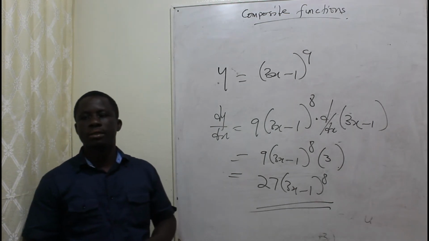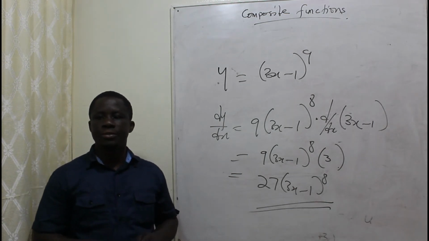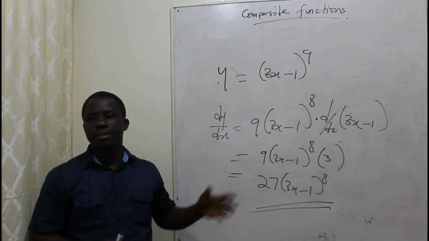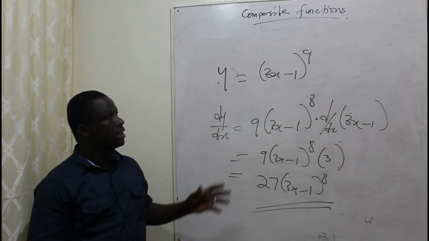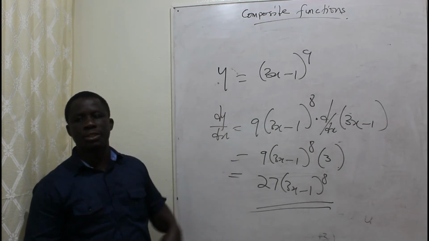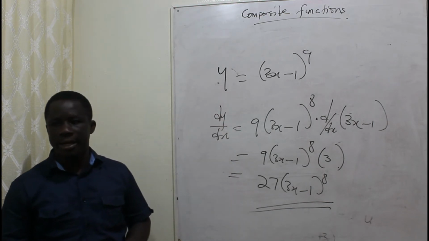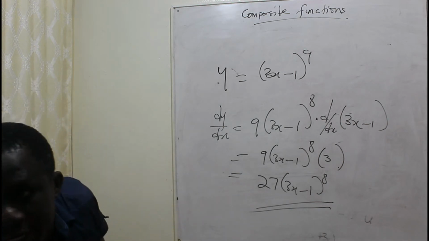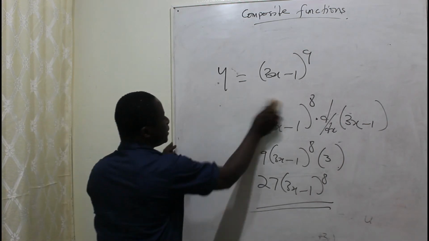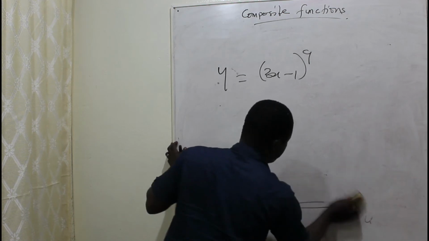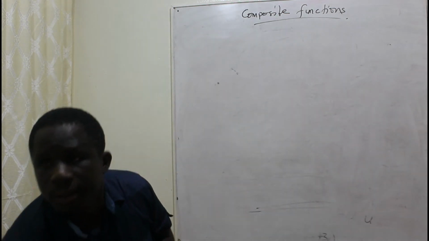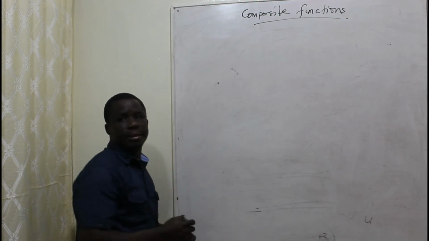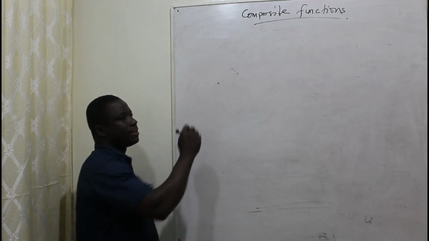So that is what you should be considering. Anytime you have such a function, you can differentiate using the chain rule because it's a composite function. Let's pick another example and see how it will be done. We have to determine the differential coefficient of such a function.